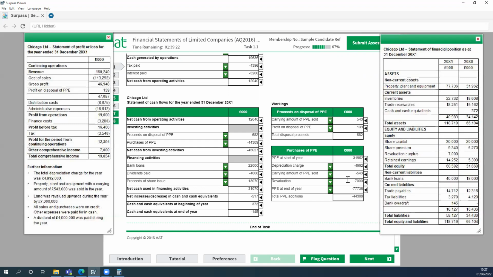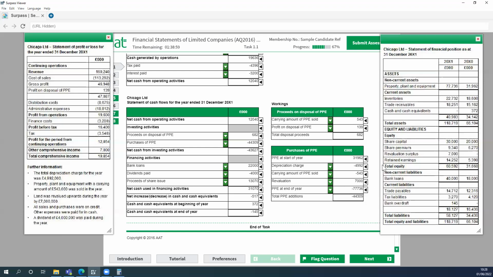You've also got the asset that you disposed of, the PPE. The carrying value of that was 543. So again, on the credit side of the T account. And then you're going to add back that revaluation of 7 million. So that will be on the debit side of the T account, which is 7,000. Okay.